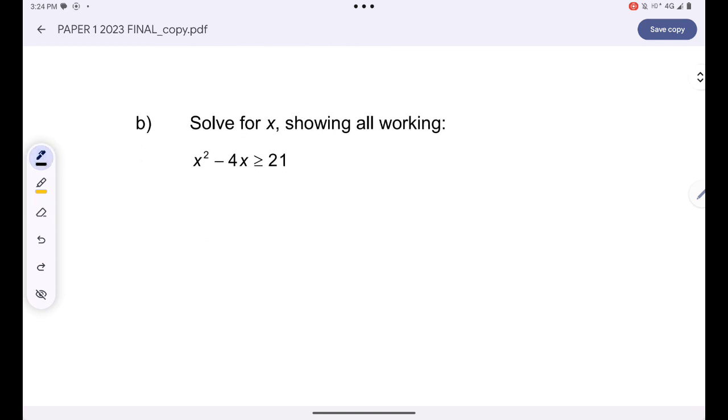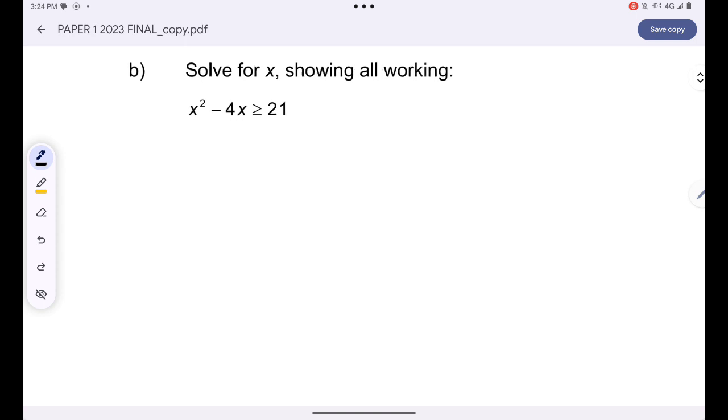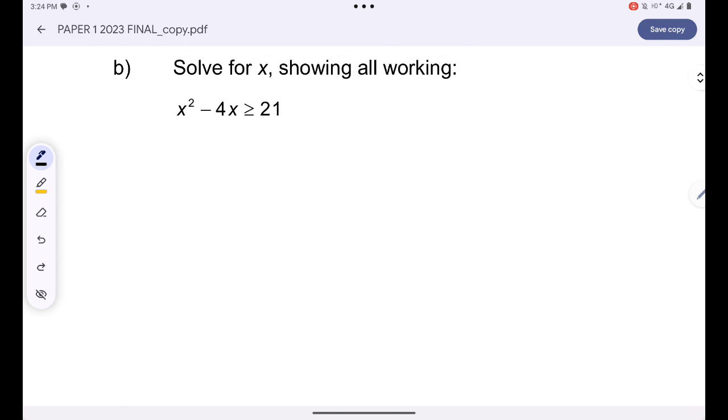Now I'm supposed to solve x if I'm given an inequality. The first thing I need to do is to make sure that this inequality is in standard form. I'll end up having x squared minus 4x minus 21 is greater or equal to 0. After that, simply factorize. We have x, factors of 21 that when you subtract will give you 4.